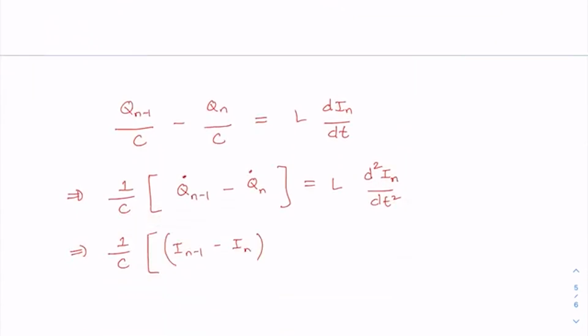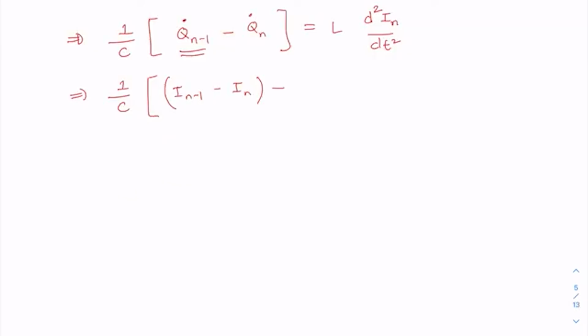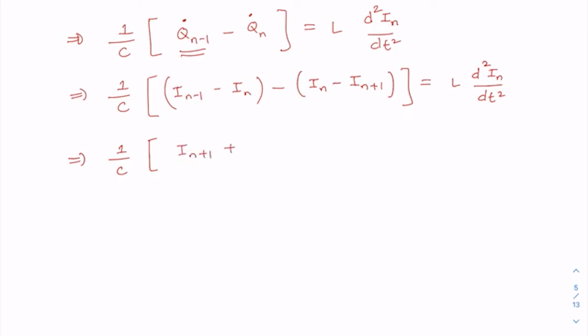This is what I have for this part, and for the other part we can write I n minus I n plus 1, and the whole thing is equal to L d2I n by dt2. This we can further write as 1 by C times I n plus 1 plus I n minus 1 minus twice I n is equal to L d2I n by dt2.